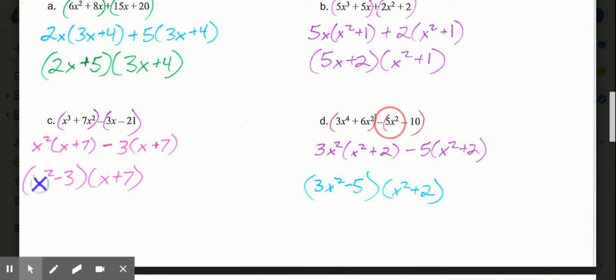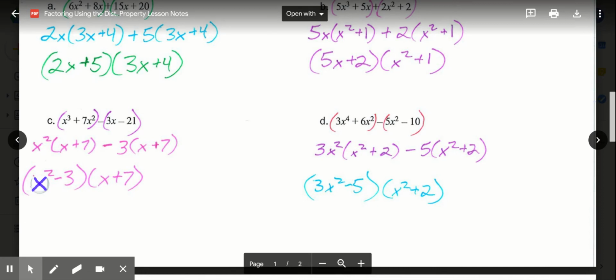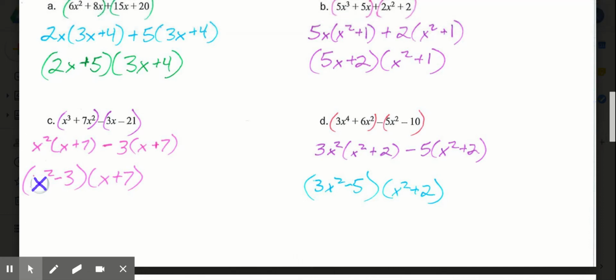Now the second one, we have a negative, because of the subtraction, negative 5x squared minus 10. So if I pull out that negative 5 as our greatest common factor, we're left with x squared plus 2. So then our answer, 3x squared minus 5 times x squared plus 2.